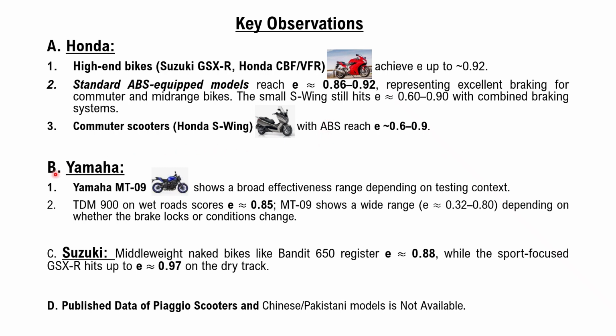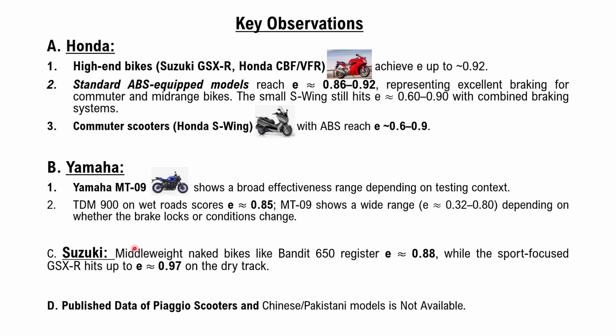The Yamaha MT-09 shows a broad effectiveness range depending upon testing context. The TDM 900 can score an E value of up to 0.85, which is also indicative of very good performance.